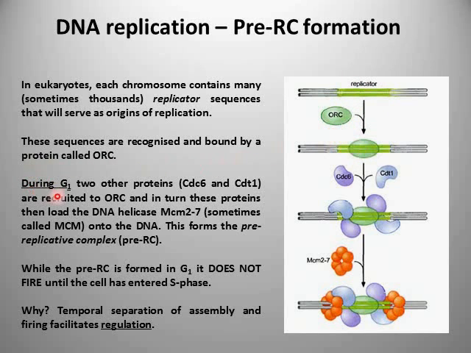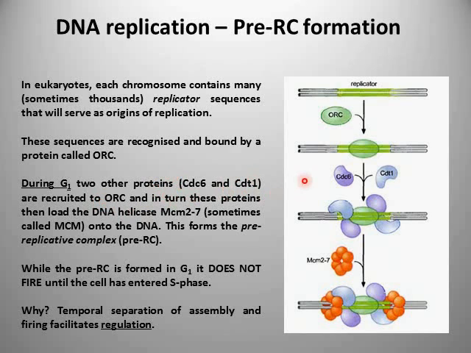And then the first key event really that happens following binding of this ORC protein complex to a replicator is the recruitment of two other proteins, CDC6 and CDT1. Now the key thing about these proteins is they are only recruited during G1 phase of the cell cycle. It's impossible for them to be recruited at any time other than G1.